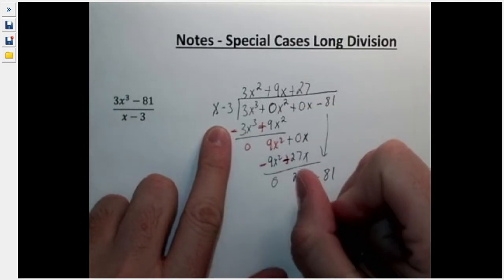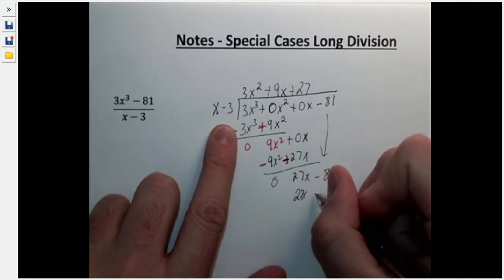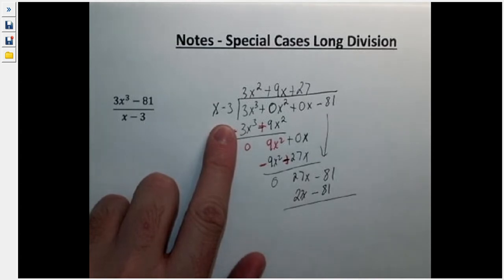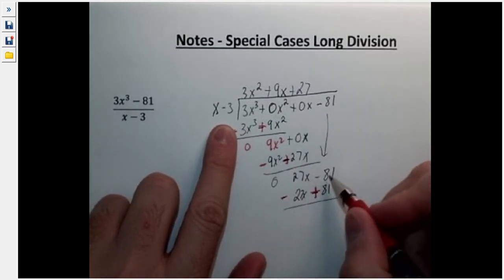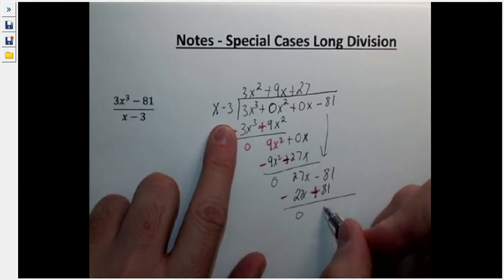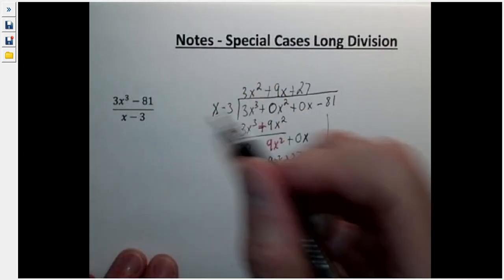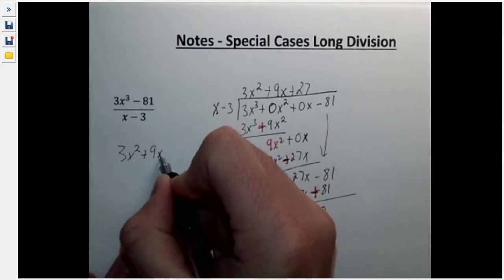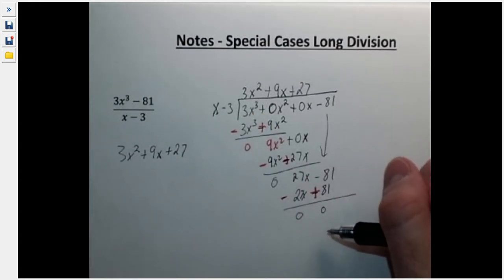So 27 times x is 27x, and 27 times negative 3 is negative 81. Then we subtract, which changes the signs on both of them, and that's 0, and that's 0. So my answer for this is 3x squared plus 9x plus 27. We have no remainders.